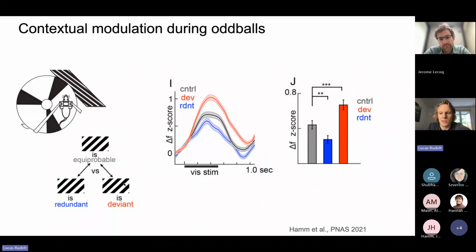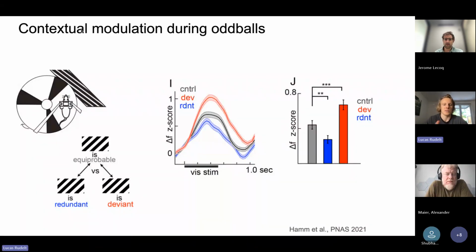And we have the orientation tuning component, which serves as a random control because the same stimulus occurs without a predictive context. The cool thing is if we can observe the same stimulus under these different conditions, then we can ask what the contextual modulation of responses to this stimulus is, depending on the predictive context.